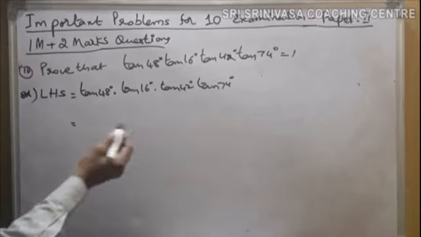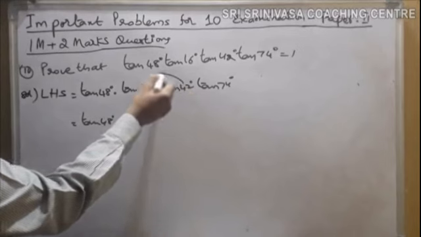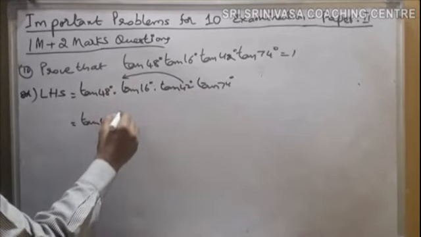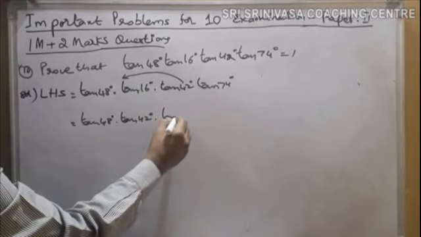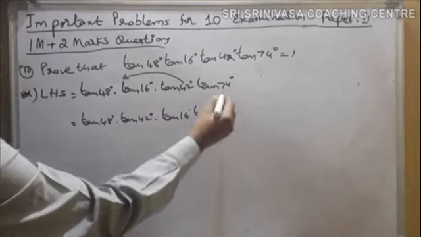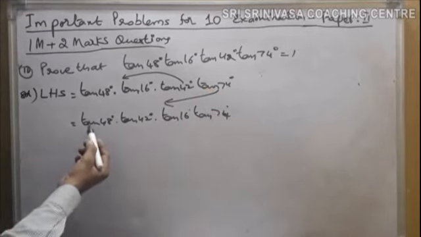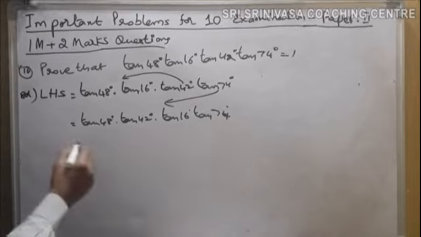Now this can be rearranged: tan 48 into tan 42 into tan 16 into tan 74.